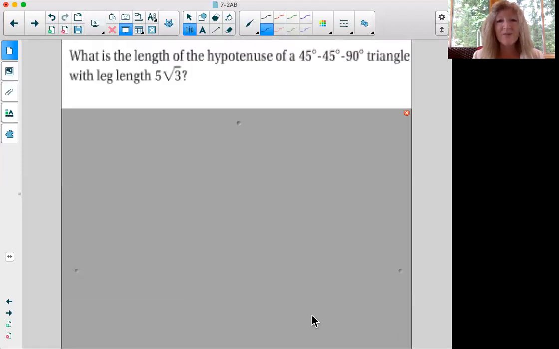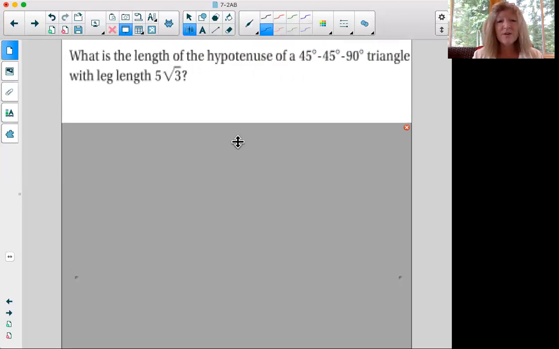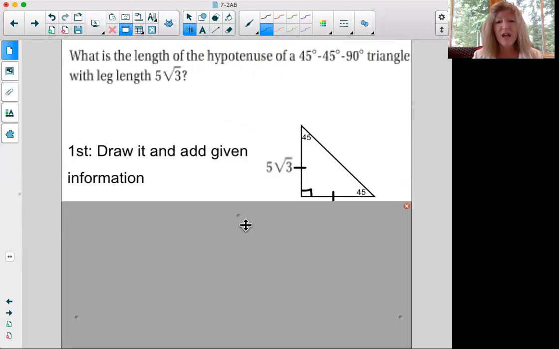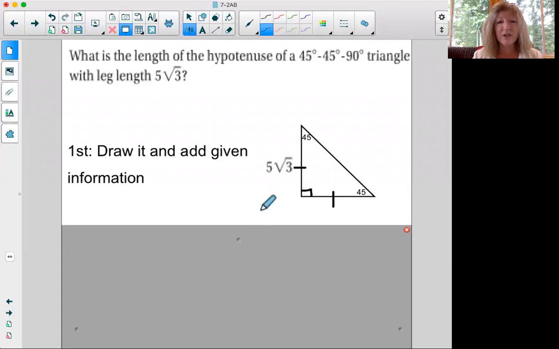Pause and practice on your own paper and then press play. The first thing I would do is I would draw a picture and I would add the information you're given. In this case, you're given the length of a leg. And so I would draw that right on there. And you know that because it's a 45, 45, 90 triangle, we have an isosceles triangle, so we know the legs will be the same.